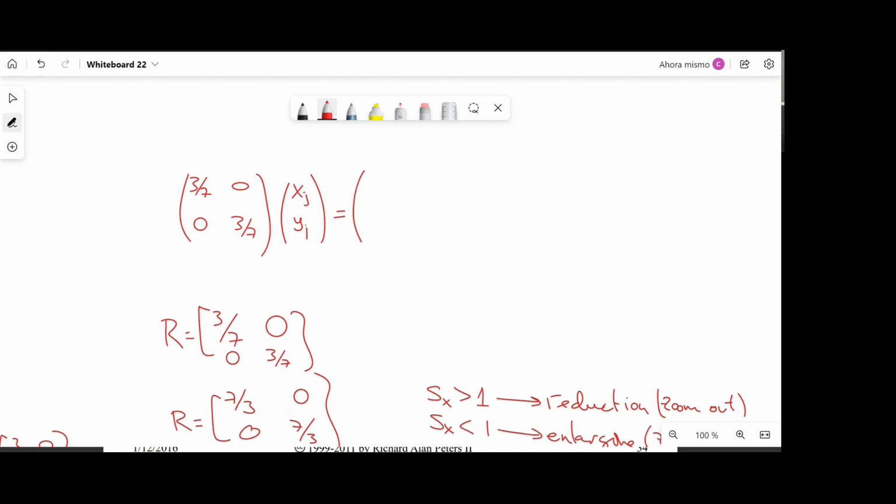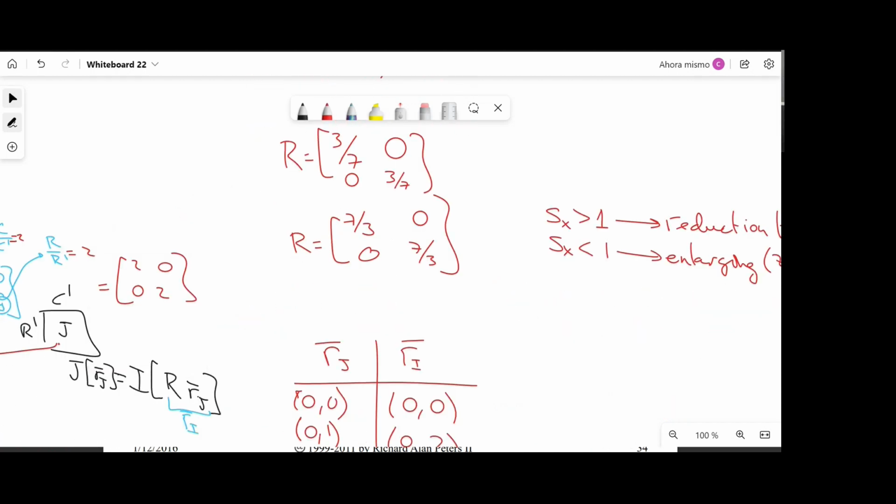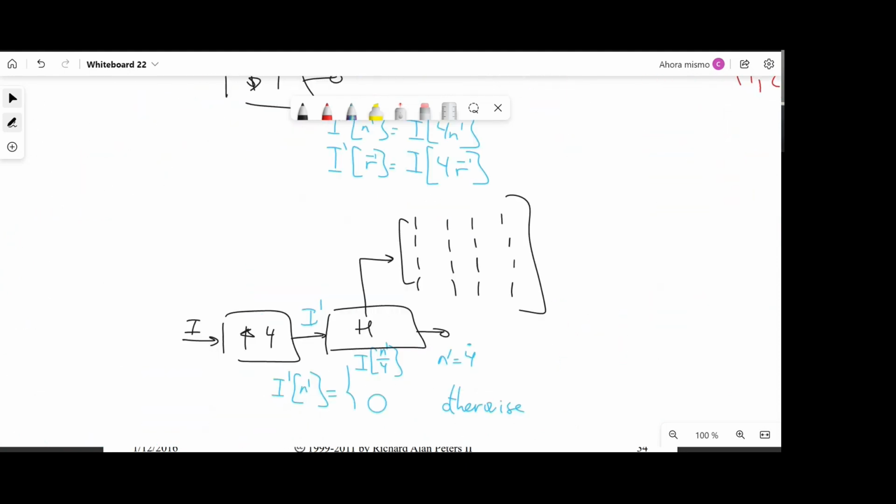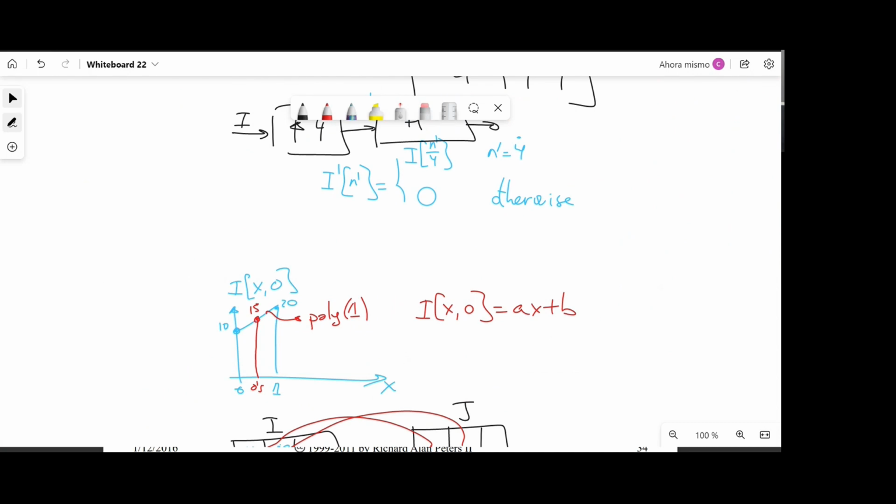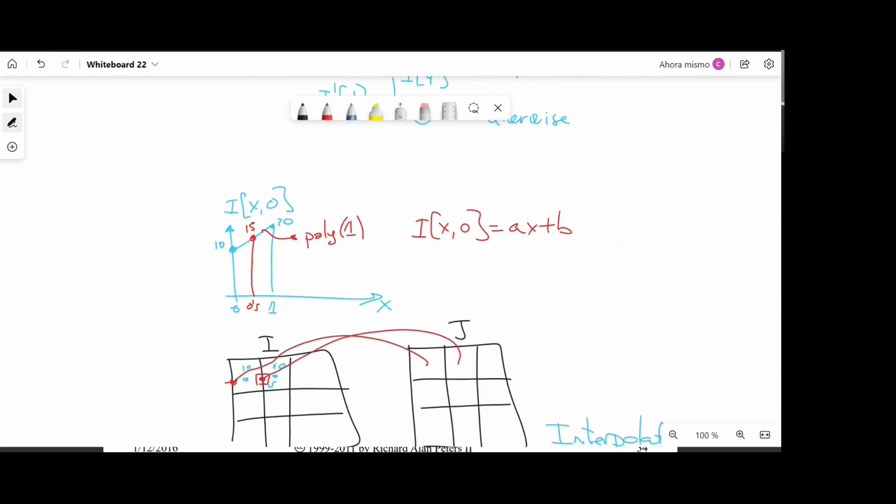So the coordinate in the original image is 3, 7, xj, 3, 7, yj. But in general, this is not an integer value. So it is only integer for xj, yj's that are multiples of 7. Otherwise, it is a fractional coordinate. So that means that I have to interpolate my image at some non-integer location. Here. So that means that I'm here in the middle, and then I have to copy from somewhere.